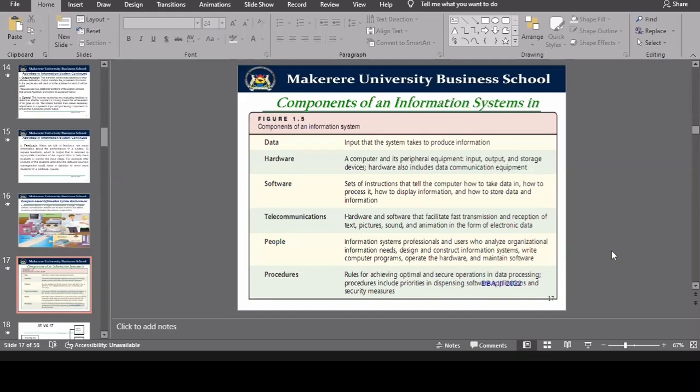Then people: information system professionals and users who analyze organizational information needs, design and construct information systems, write computer programs, operate the hardware, and maintain software. Then procedure looks at the rules for achieving optimal and secure operations in data processing. Procedures also include priorities and the way things are done, the methodical process.